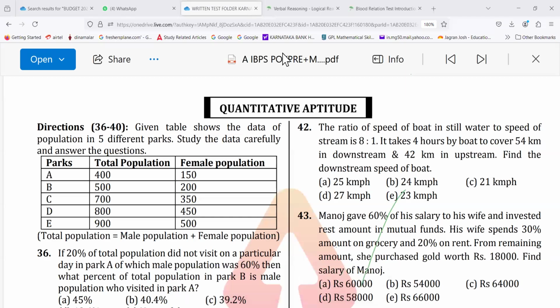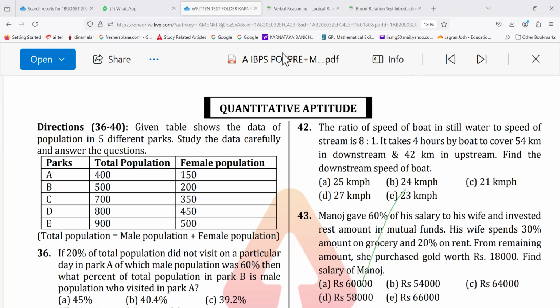Candidates, in this case, math problems, quantitative aptitude. As I told you, you may laugh at me when I tell you like this. But for doing all these things correctly, you have to do everything quickly.